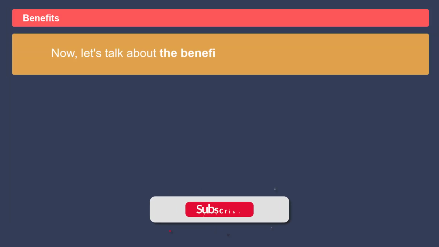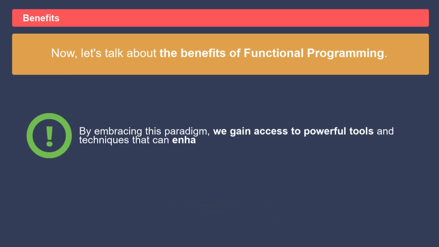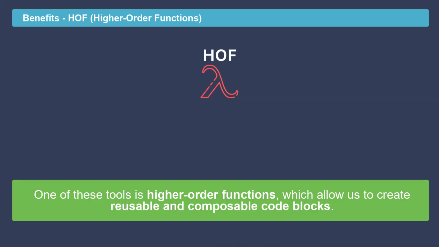Now let's talk about the benefits of functional programming. By embracing this paradigm, we gain access to powerful tools and techniques that can enhance our development process. One of these tools is higher order functions, which allow us to create reusable and composable code blocks.